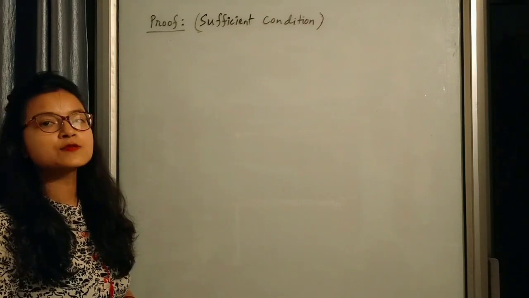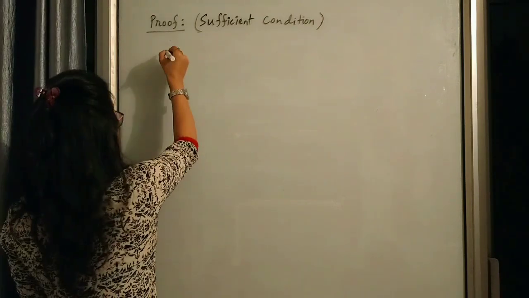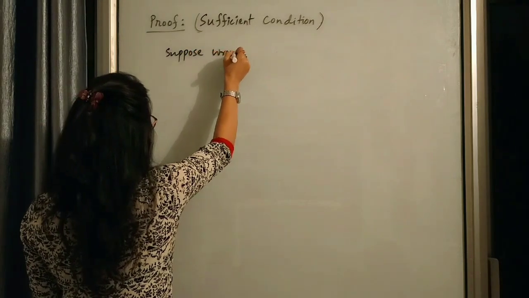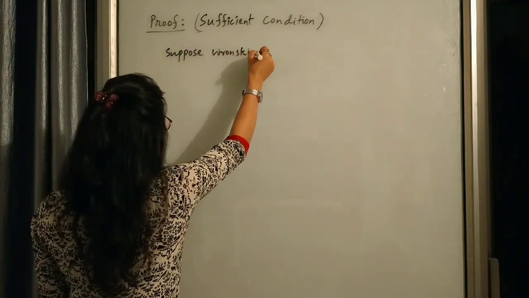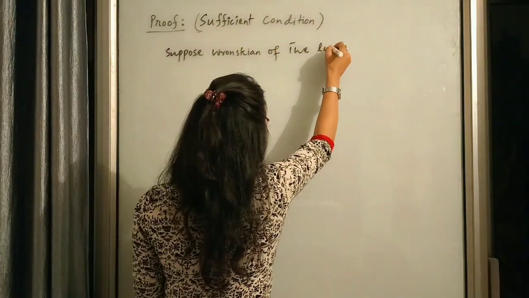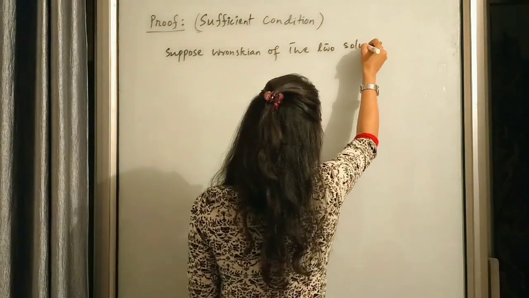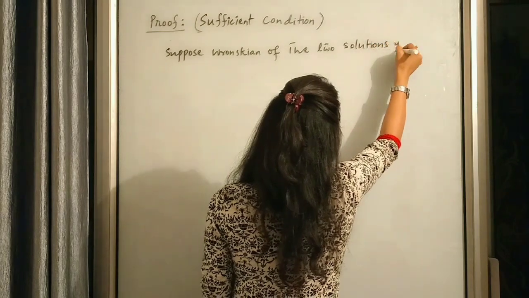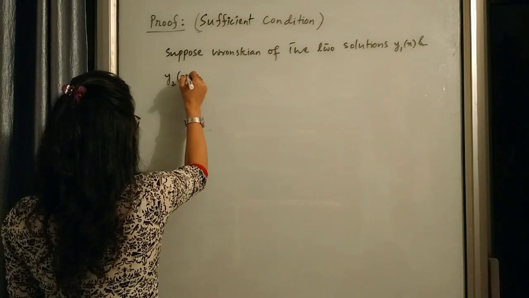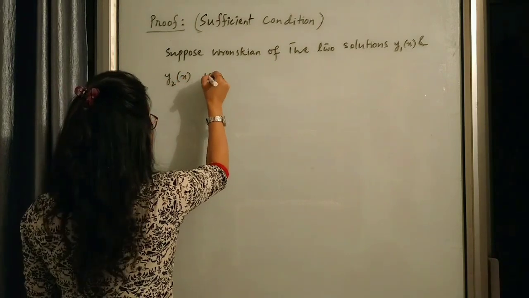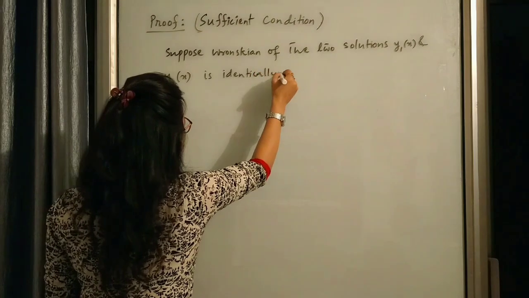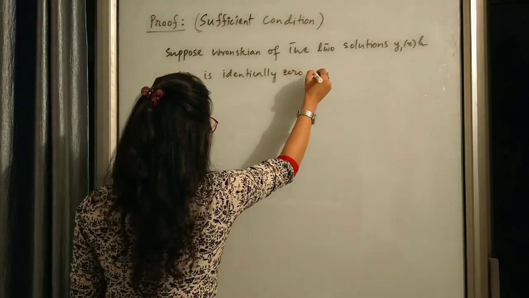Now, let us prove the sufficient part. Suppose the Wronskian of the two solutions y1(x) and y2(x) is identically 0.